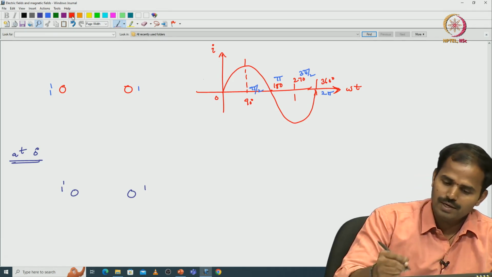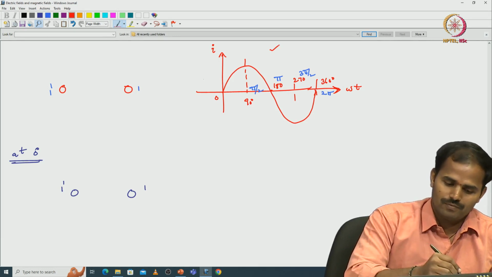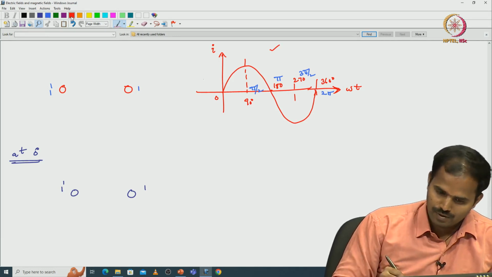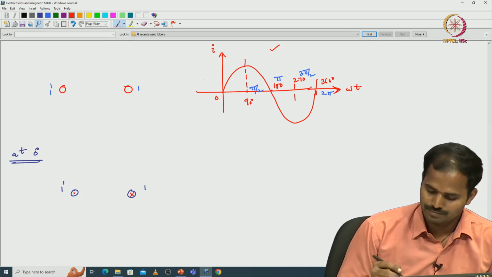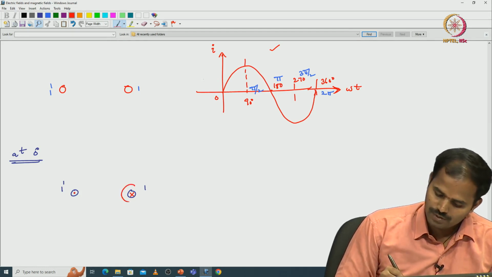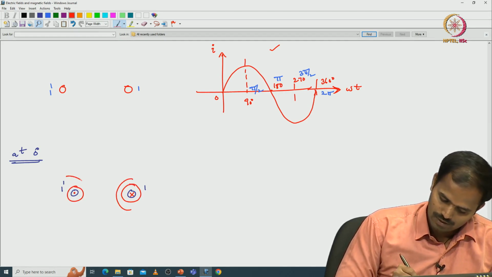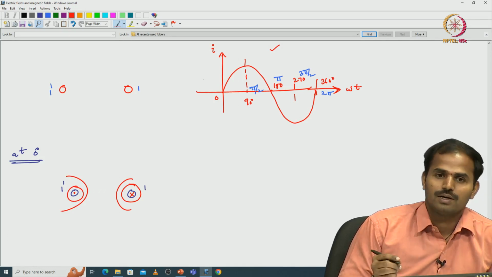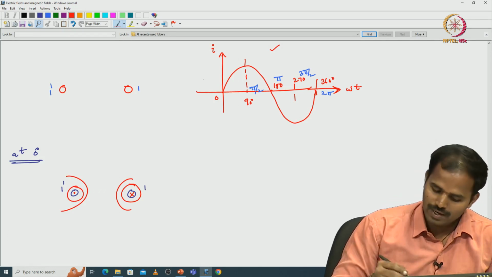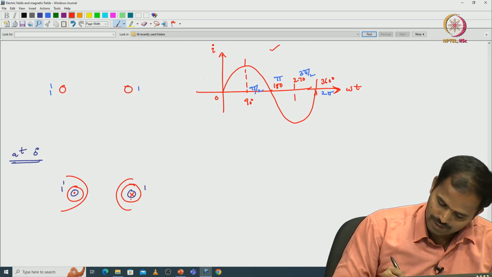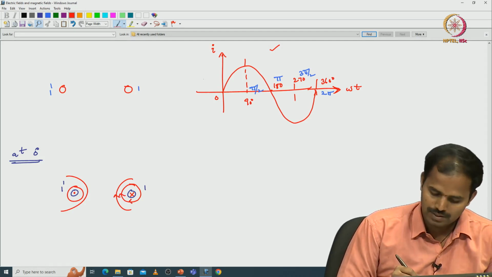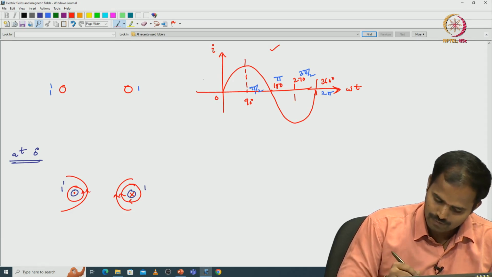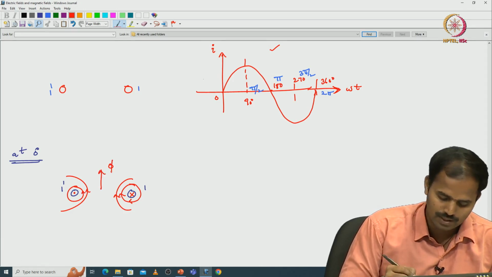With respect to the current waveform, here 1 is cross and 1 dash is dot. Okay. With respect to this cross current, we are seeing the magnetic fields, apply the thumb rule and the magnetic fields are in a clockwise direction, and with respect to the dot it is in an anti-clockwise direction. So, the resultant flux is in this manner.